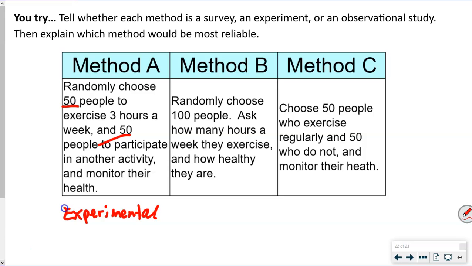And then method B, randomly choose 100 people, ask how many hours a week they exercise and how healthy they are. This is an ask question, so this would be a survey. And the last one, choose 50 people who exercise regularly and 50 who do not and monitor their health. Because we chose here, this is going to be observational.